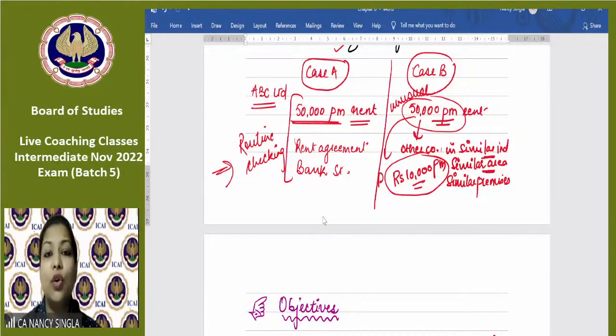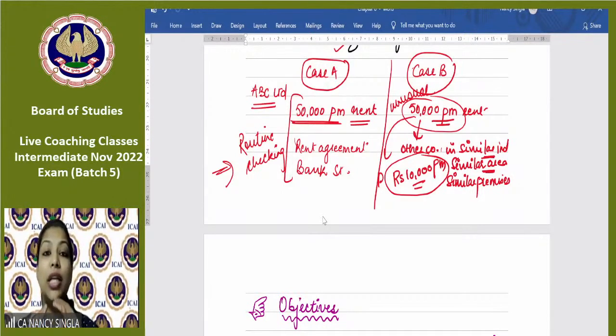In case A, this identification of something unusual wouldn't have been possible, because the auditor would have felt that okay, 50,000 was to be paid according to the agreement, for 12 months, and it was paid; the rent agreement is absolutely correct, the payments are getting reflected in the bank statement, so this is absolutely correct, right? But in case B, since he is comparing the data with the industry, what other players in the similar area are paying for similar premises, he found something unusual.